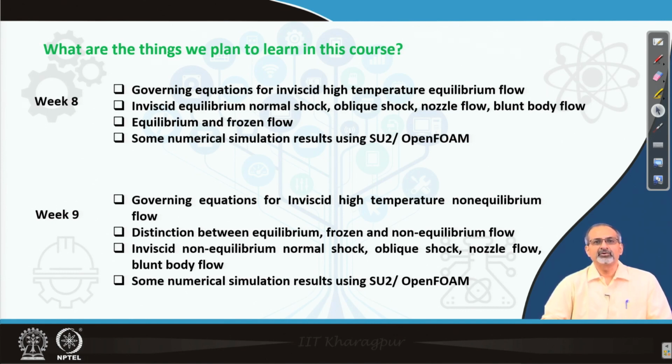So, we will try to distinguish between equilibrium, frozen and non-equilibrium flow, and then inviscid non-equilibrium normal shock, oblique shock, nozzle flow, blunt body flow will again be considered, and we will try to find differences between what we have seen in week 8 and week 9, again through some numerical simulations which we plan to show you at that time, so that we are able to hopefully find out the underlying differences between the equilibrium and non-equilibrium conditions for inviscid high temperature flow.